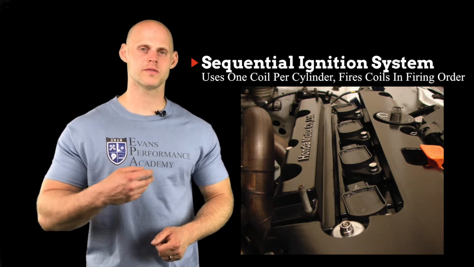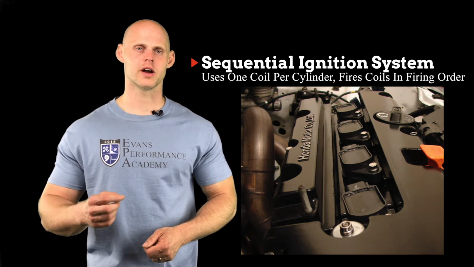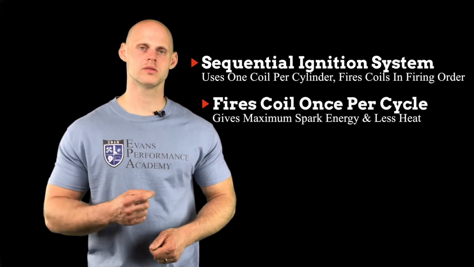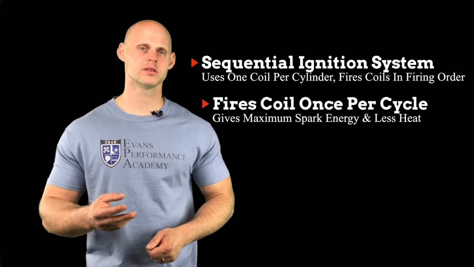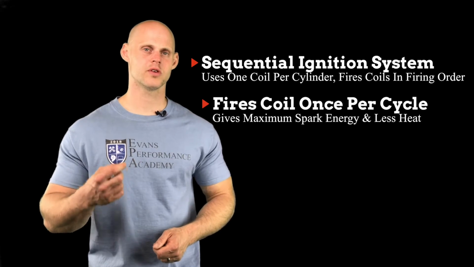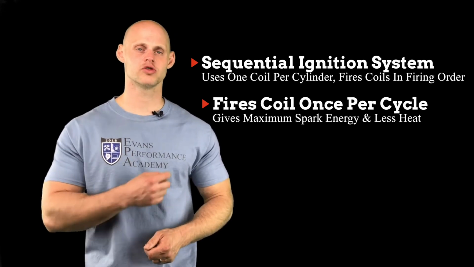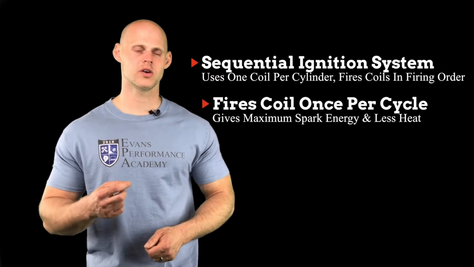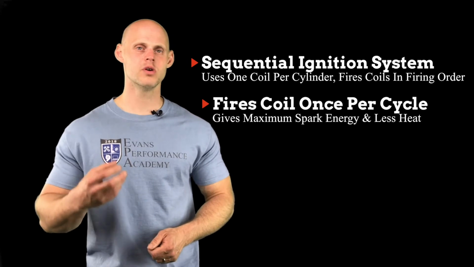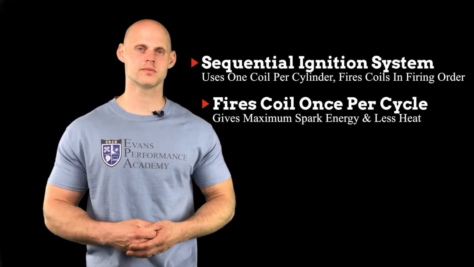The first thing we need to know is that there's going to be one coil per cylinder, so we're going to fire one coil every engine cycle, and by doing this it's going to give the maximum charging time for our coils, which is going to make sure that the coil doesn't get as hot as with distributed and wasted spark. So we're going to get the most spark energy in a direct fire style ignition system.